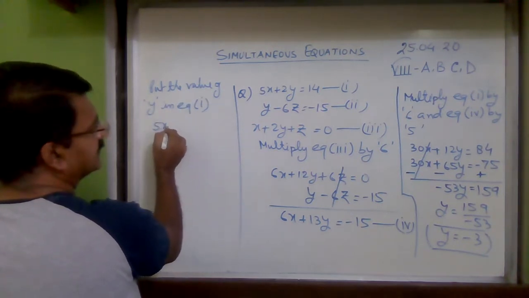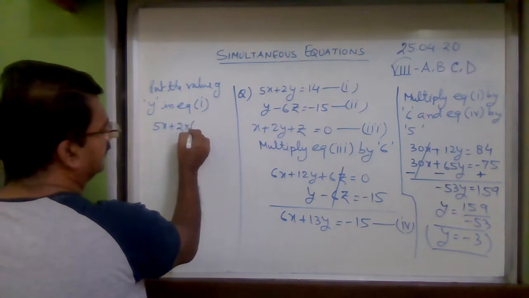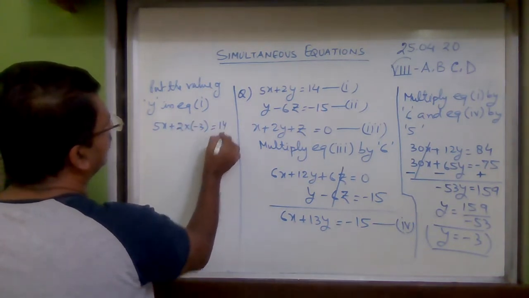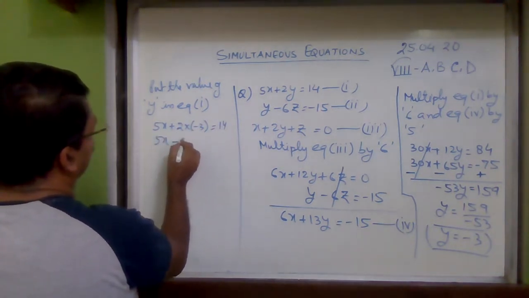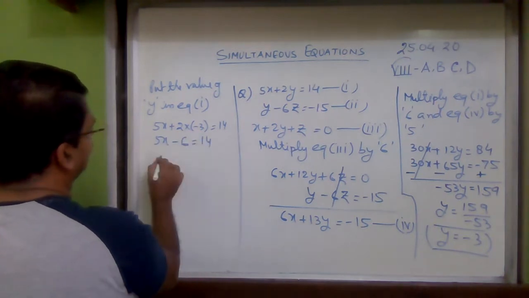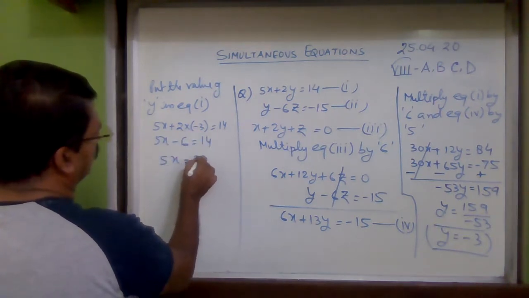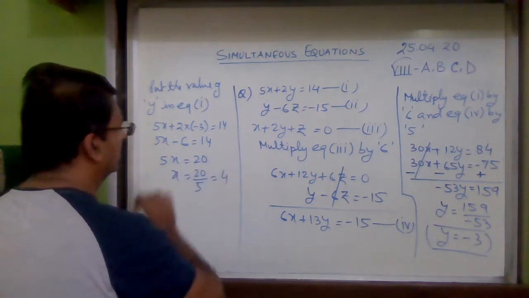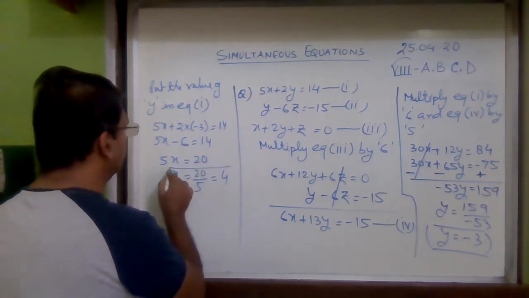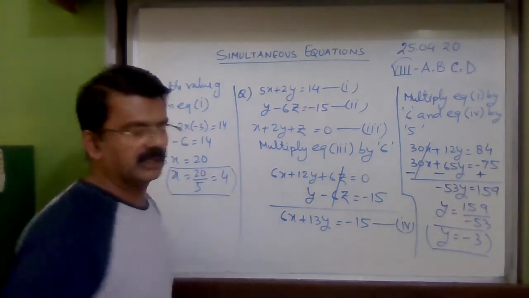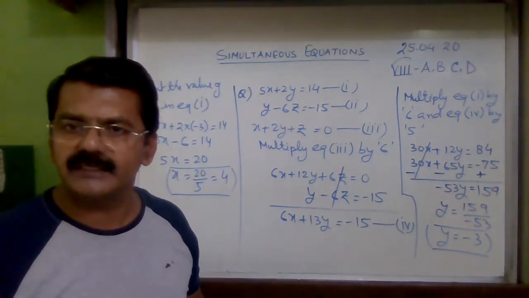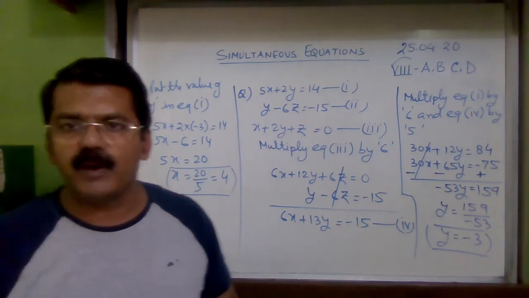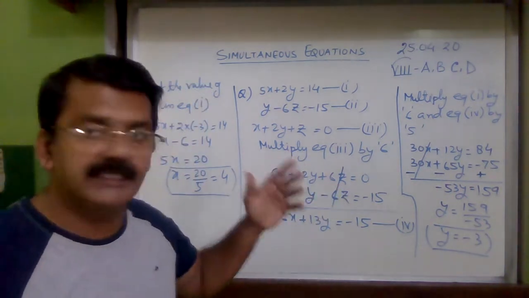So 5x plus 2 into minus 3 is equal to 14. 5x minus 6 is equal to 14. 5x is equal to 20. X is equal to 20 upon 5, that is equal to 4. So you can see we have found that x is equal to 4. So now we have found the value of x, which is 4. We have found value of y, which is minus 3.